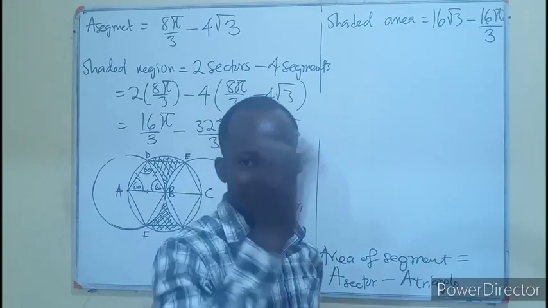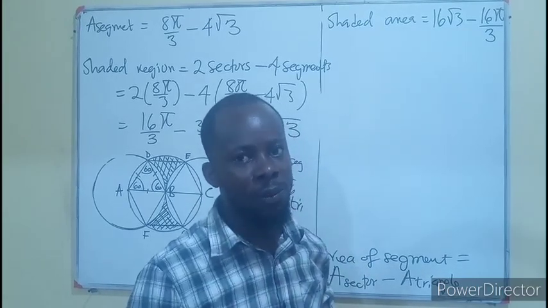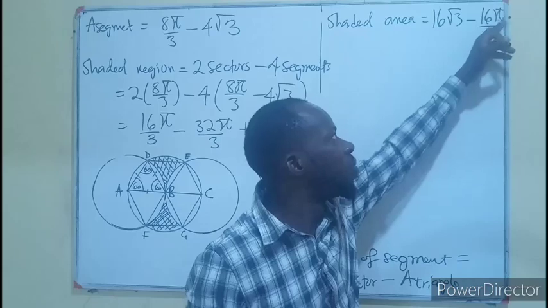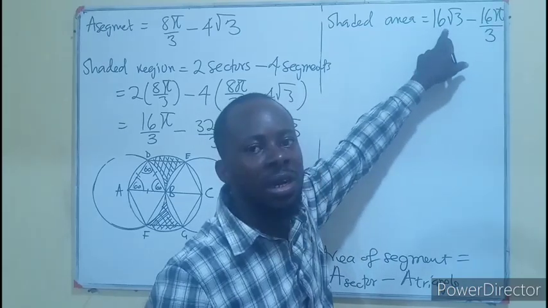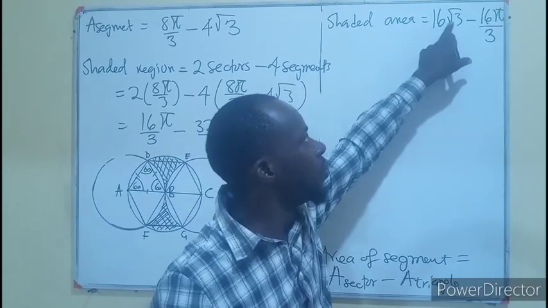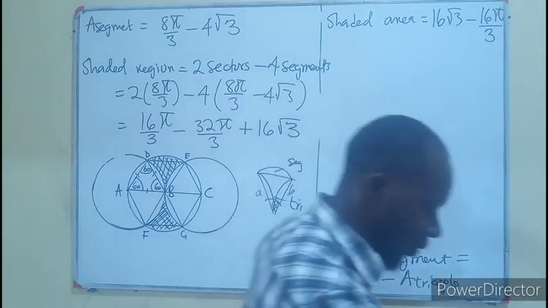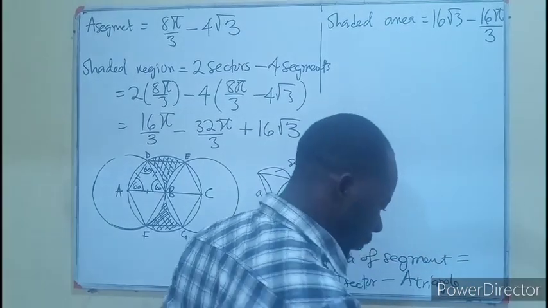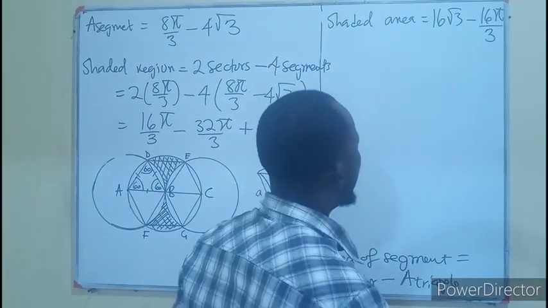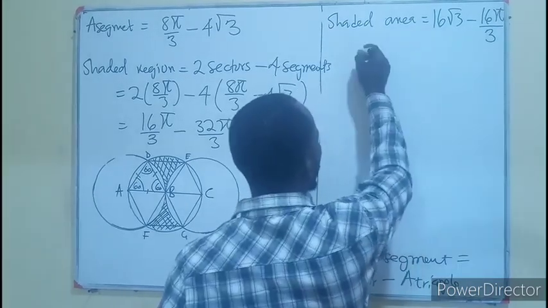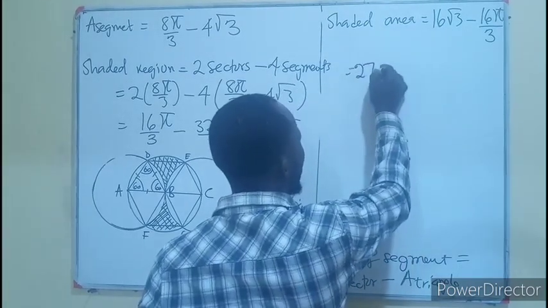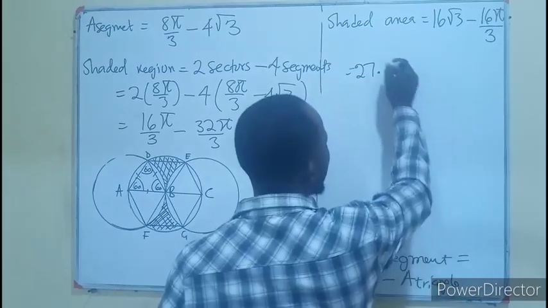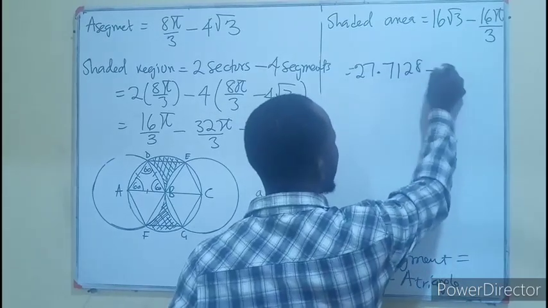Put in bracket centimeter what? Squared. Or we need to put in the value of pi and that of what? The rational, irrational root 3. So if you find that in the calculator, we'll be having here 27.7128.